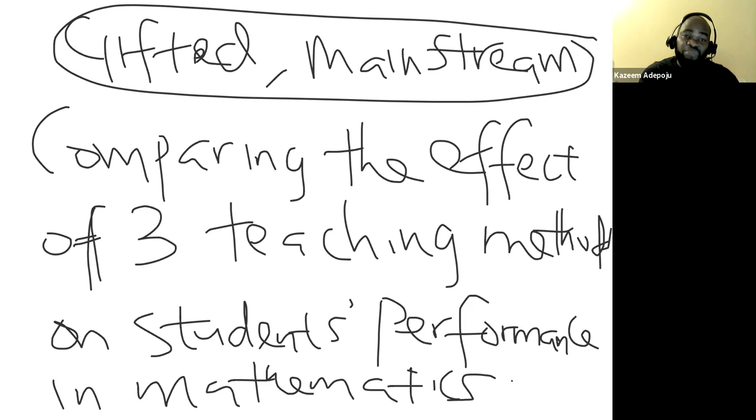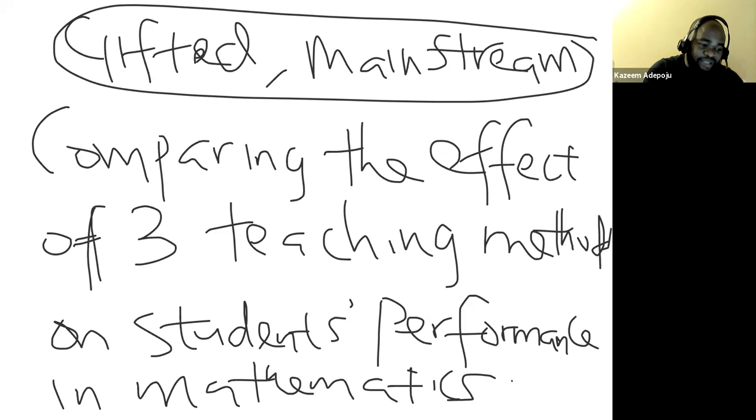That's exactly what we're also doing here. We're not just comparing the teaching method alone, but we're putting into consideration the fact that students are not equally talented as far as mathematics is concerned.